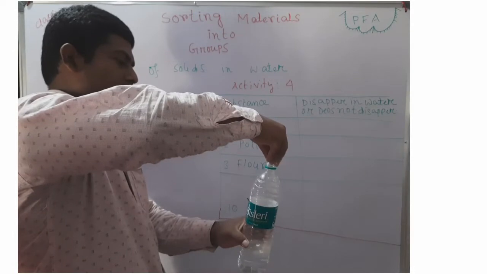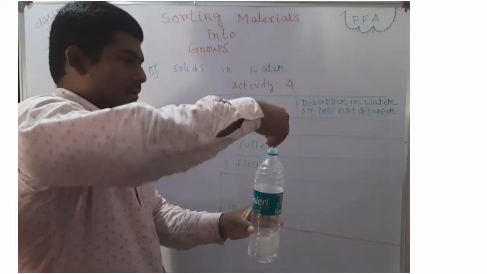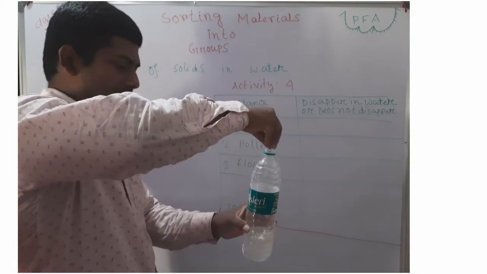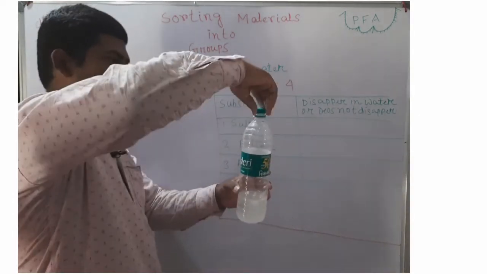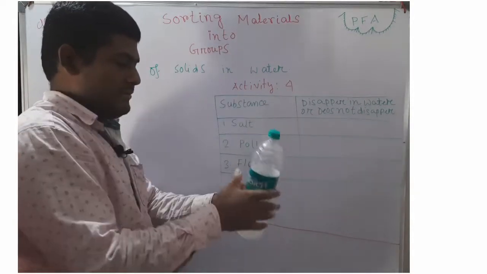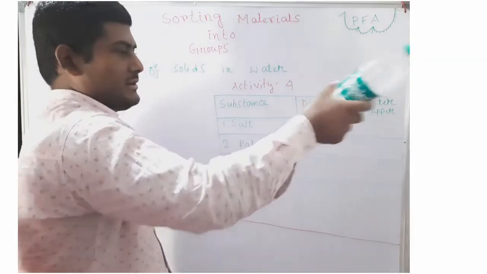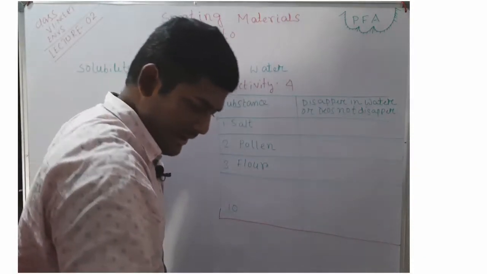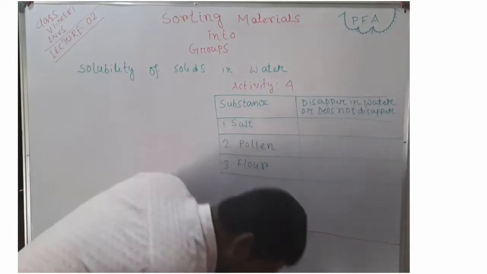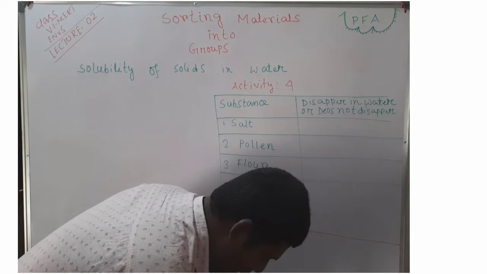So carefully observe that I poured some flour or atta into this bottle. Now I close the jar. Now I will jerk it well. I will put it aside.